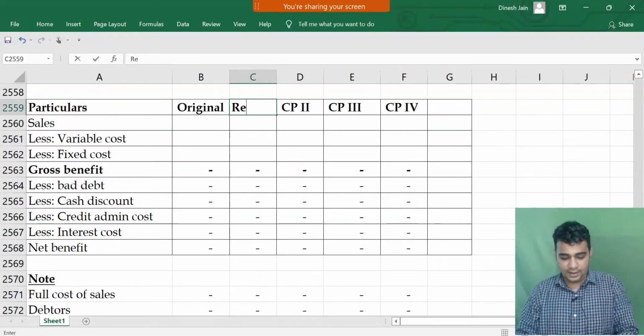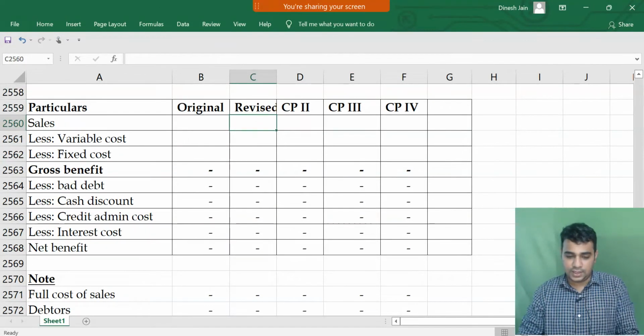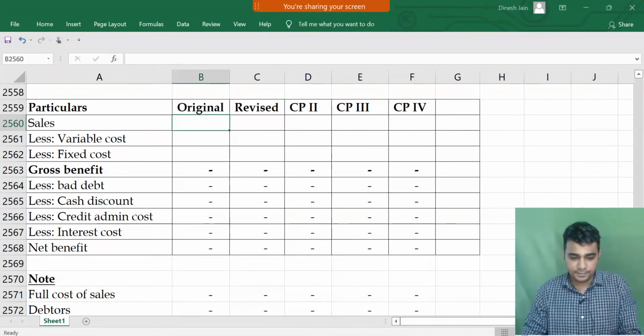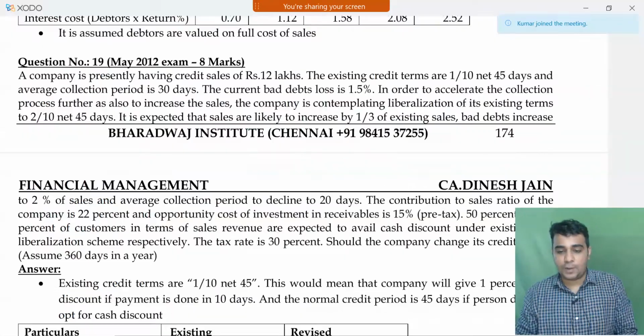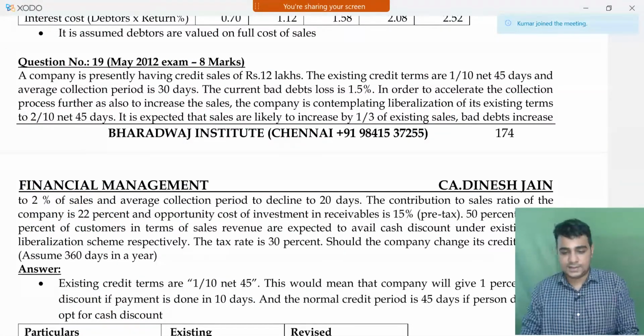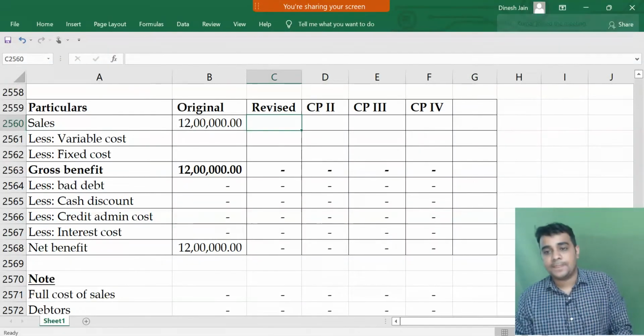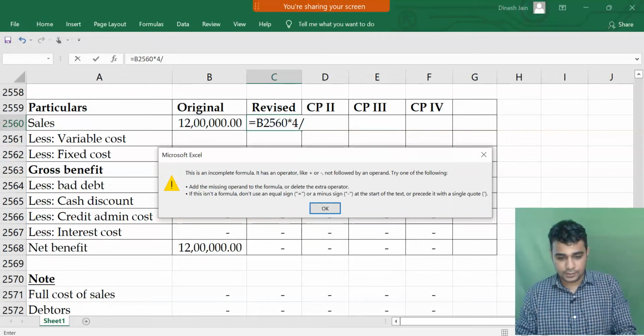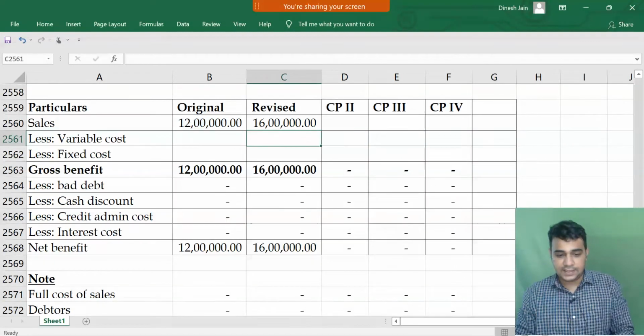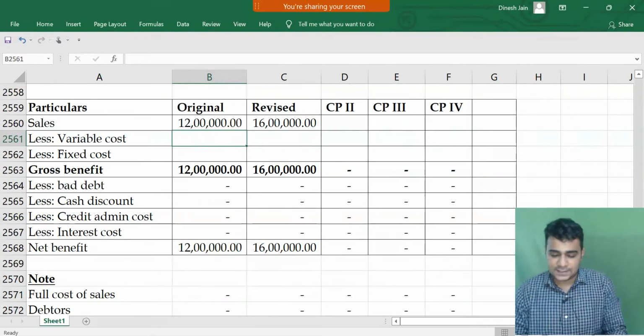Original and revise, that's all. Only two policies are there, original and revise. What is the sales today? 12 lakhs. The sales will go up by 1/3, so 16 lakhs. Variable cost, what is the percentage?